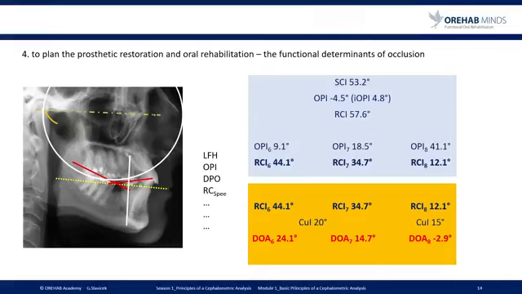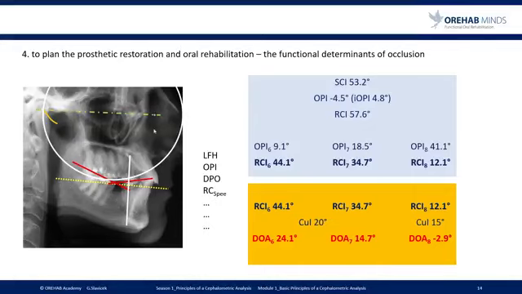Here we can calculate, measure and determine the functional parameters of occlusion, such as lower facial height, how much we can or should increase the lower facial height by the incisal pin of the articulator, how to change the occlusal plane inclination, the TPO, the distance to the plane of occlusion, and to calculate the radius of the curve of Spee.